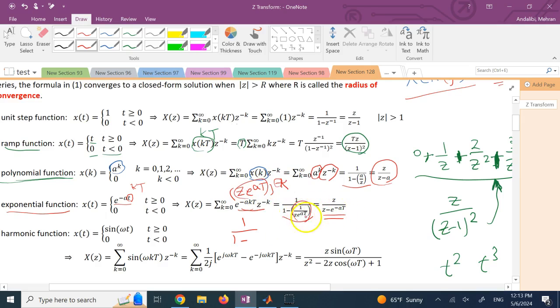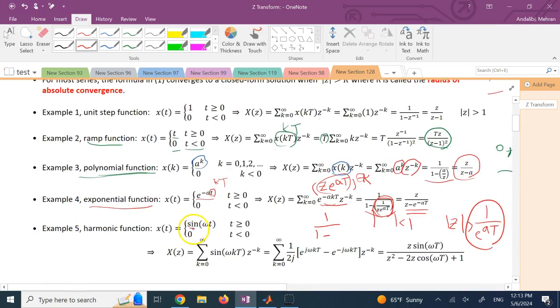Again, here, the magnitude of this term, which is this guy here, that magnitude of that has to be less than 1, which means the magnitude of z has to be bigger than 1 over e to the at. Okay, so that is your r.